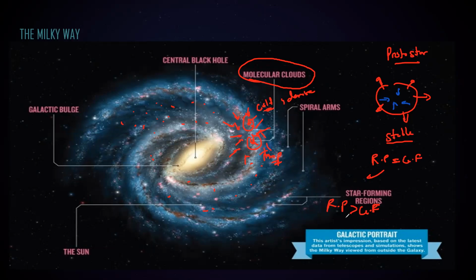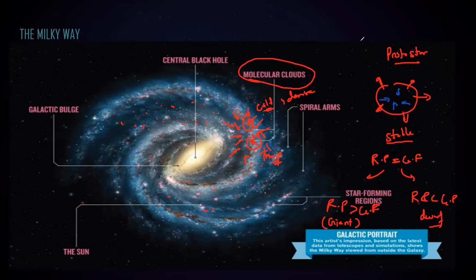The outward pressure is more, so the size of the star will increase and it will turn into a giant. The opposite can happen if the radiation pressure is less than the gravitational force. As a result, the size will decrease and it will start to turn into a dwarf.